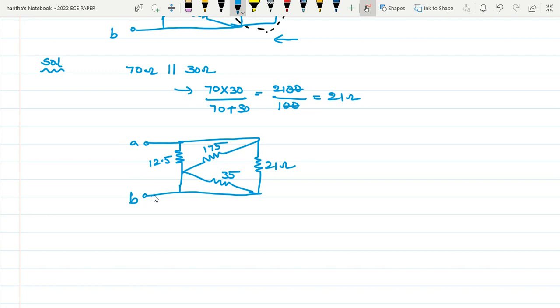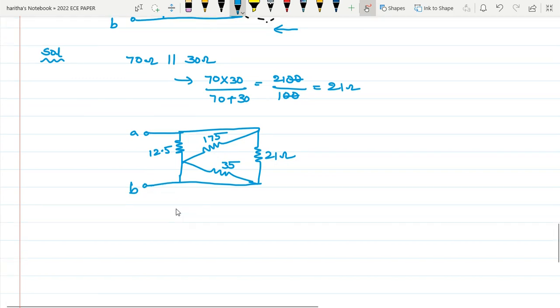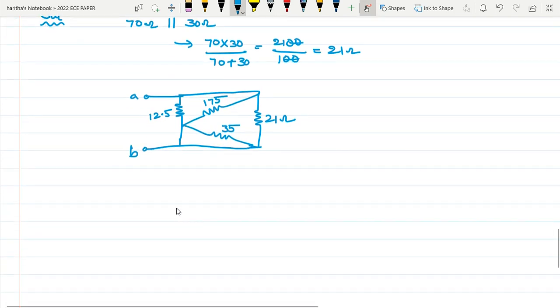So now to reduce the network, in this 175 and 35, these are not in parallel. See, parallel means the two resistors, one end of the two resistors must be connected. The first terminals of the two resistors must be connected, and the second terminals of the two resistors also must be connected.